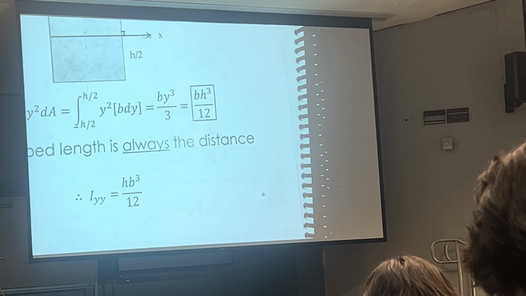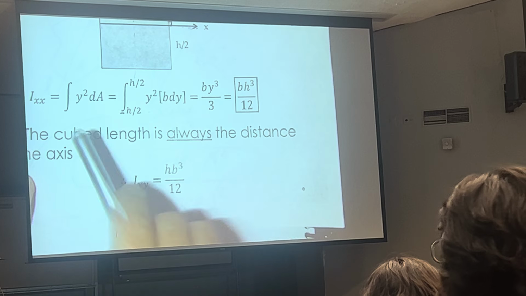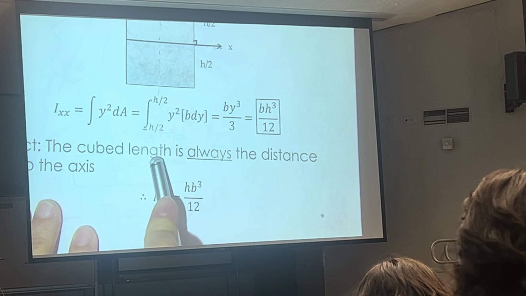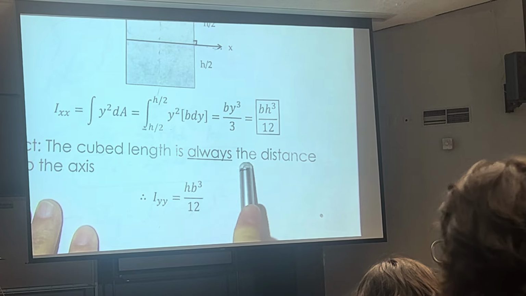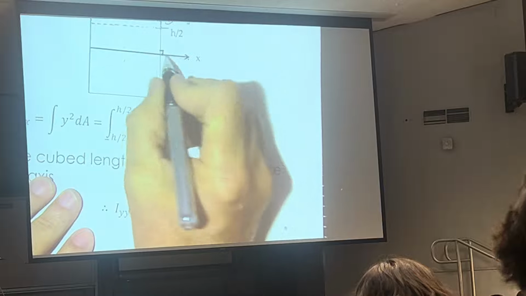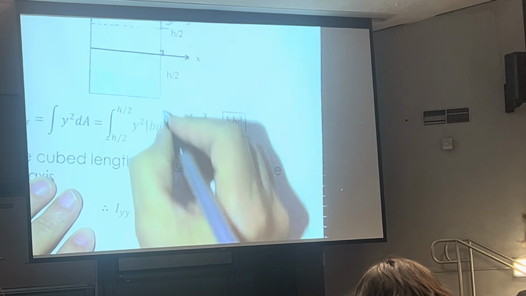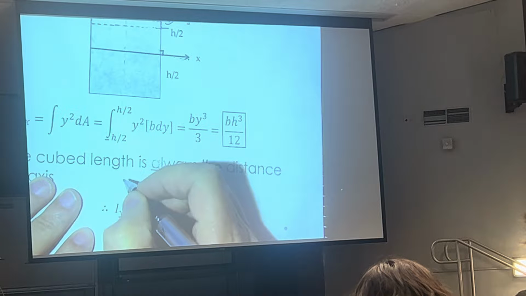But most important, and this is the most important fact right here, the cubed length is always the distance perpendicular to the axis. Notice, I'm doing Ixx. This distance is perpendicular, which happens to be the h. That's what's getting cubed.